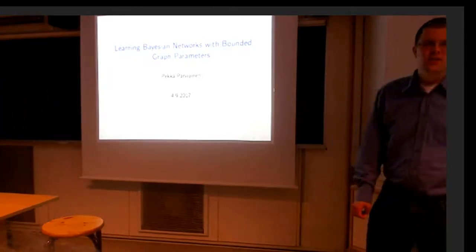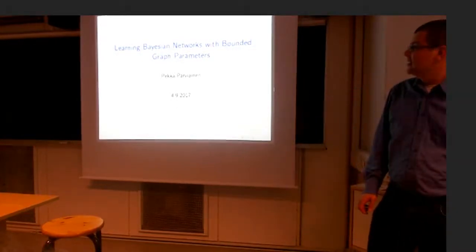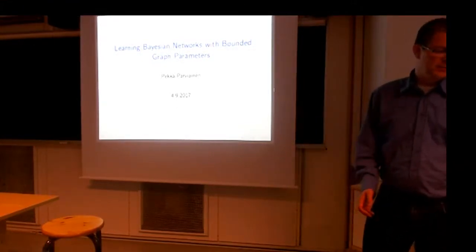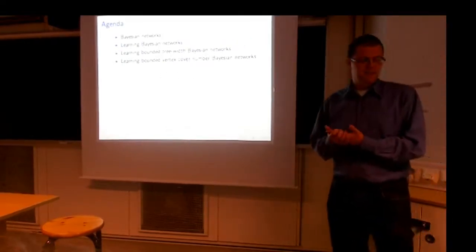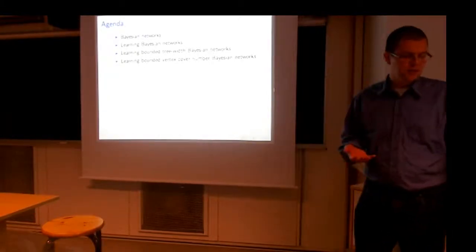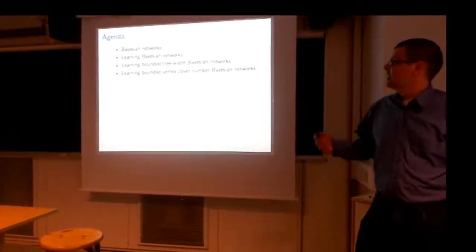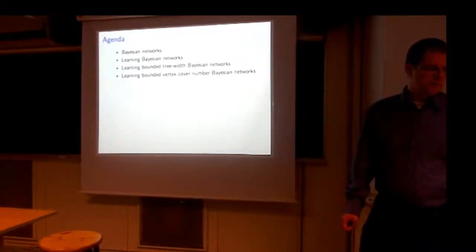Thank you, and good afternoon, everybody. So, like Petter said, this talk is about learning Bayesian networks with bounded graph parameters. I will start with an introductory part where I will introduce what Bayesian networks are, and also about learning Bayesian networks.